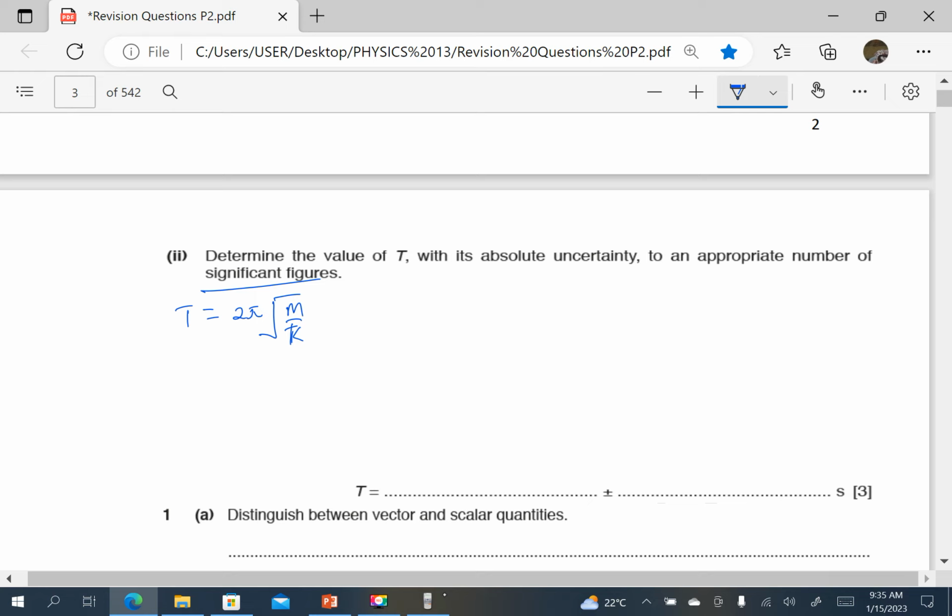When we are dealing with fractional uncertainties, we don't take the constant 2 pi into consideration. So the percentage uncertainty in T will be equal to a half, because of the square root, times the percentage uncertainty in m plus the percentage uncertainty in k.